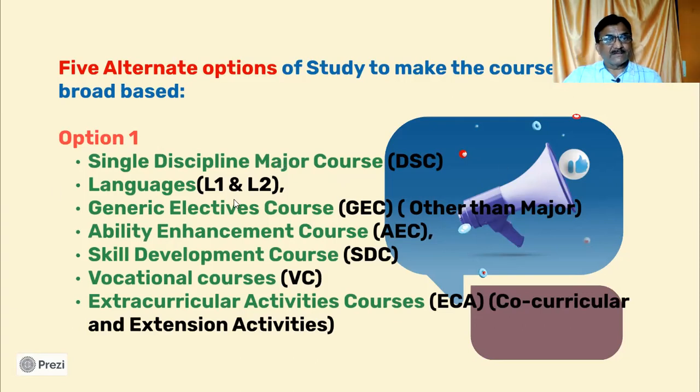Okay, under this one, languages always will be there, L1 and L2. L1 is the English language, L2 is any mother tongue or other type of language studied during the +2 level. Why do we want the language? Language is a must for our speech, must for our communications.